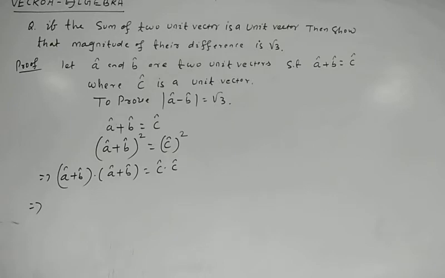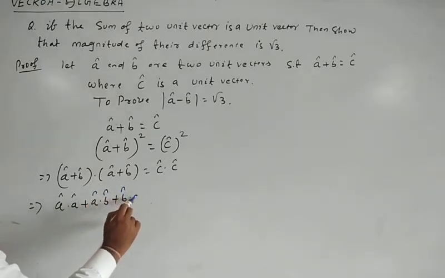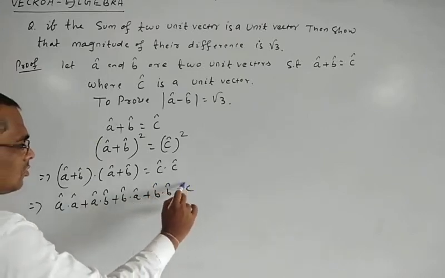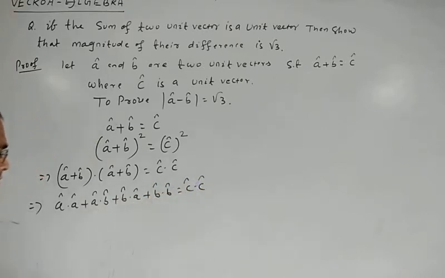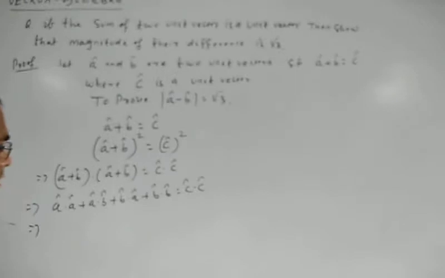Now A cap plus B cap dot A cap plus B cap equals A cap dot A cap plus A cap dot B cap plus B cap dot A cap plus B cap dot B cap, equal to C cap dot C cap. You know the dot product of two equal vectors is equal to the square of the magnitude of that vector.